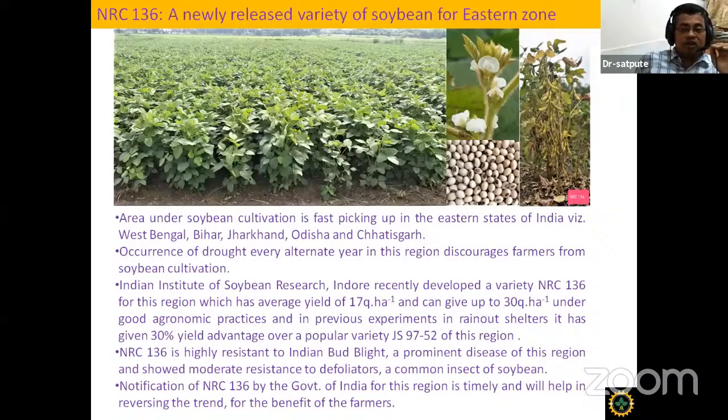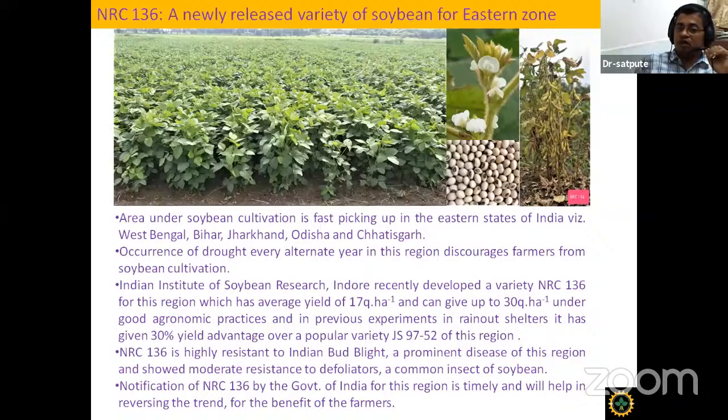And here I would like to give you a case study from the Institute of Soybean Research. NRC 136 is a newly released variety of soybean for the eastern zone. The area under soybean cultivation is fast picking up in the eastern states of India, that is West Bengal, Bihar, Jharkhand, Orissa, and Chhattisgarh.